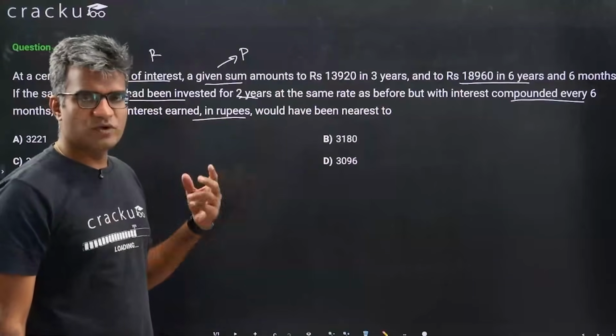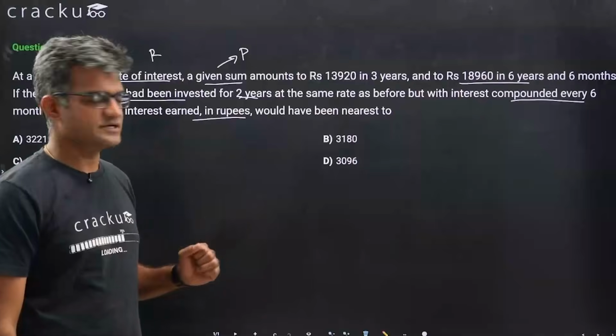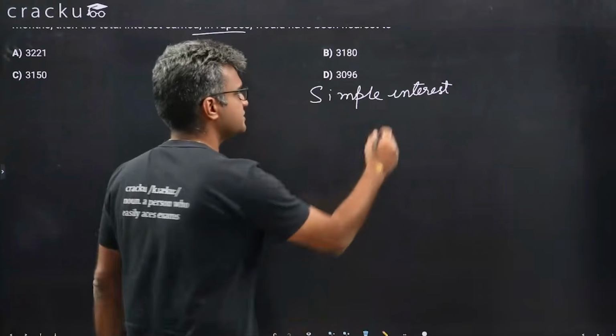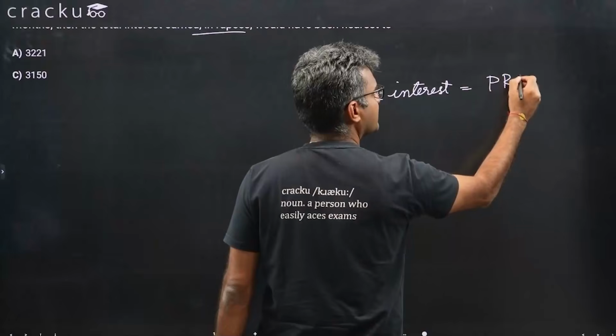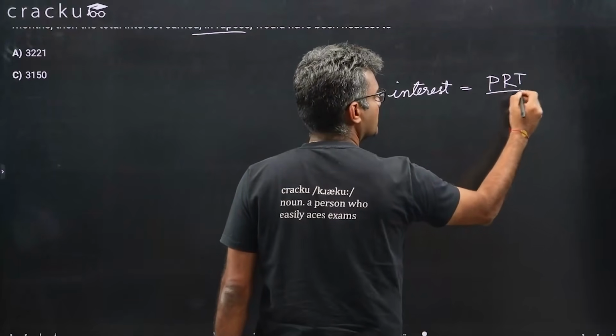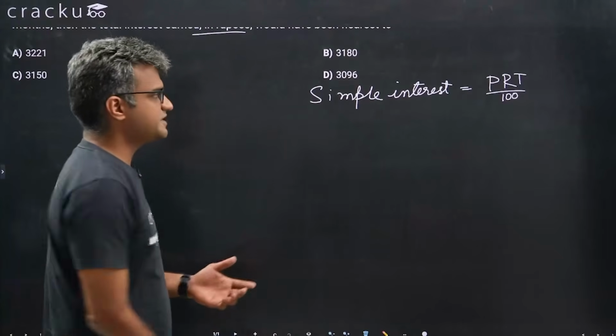Initially, we are given two pieces of information where the interest was computed using simple interest. So what is the simple interest? On a principal of P, at a rate of R, at a time period T, it will be P into R into T divided by 100. So the amount will be principal plus simple interest.